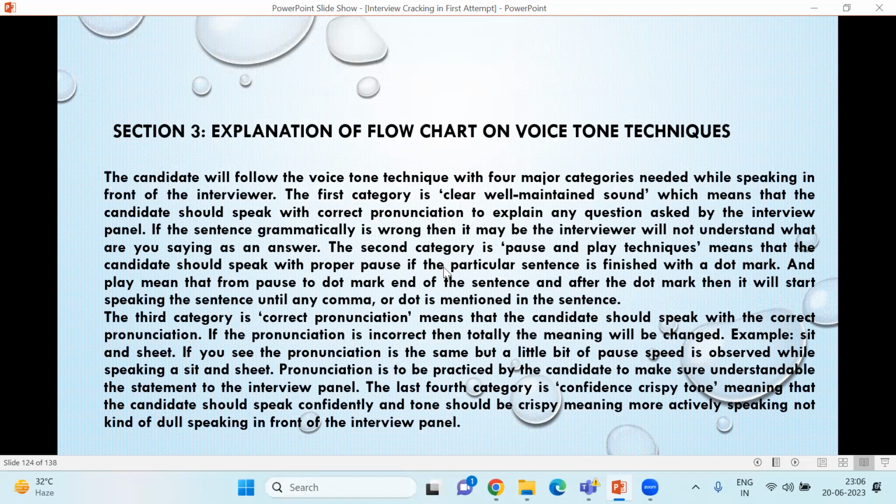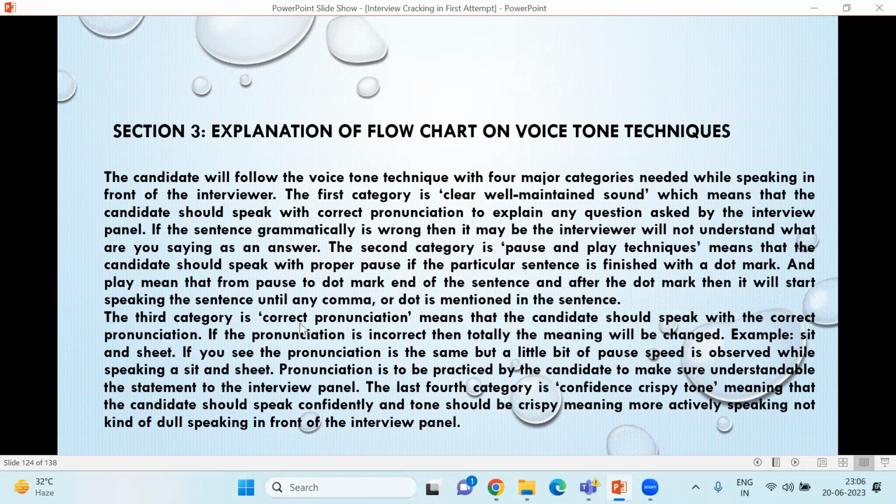The second category is pause and play techniques, which means the candidate should speak with a proper pause if the particular sentence is finished with a dot mark, and play means that from the pause at the end of the sentence, after the dot mark, the candidate starts speaking the sentence until any comma or dot is reached.